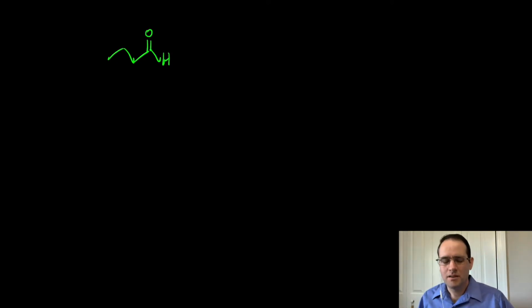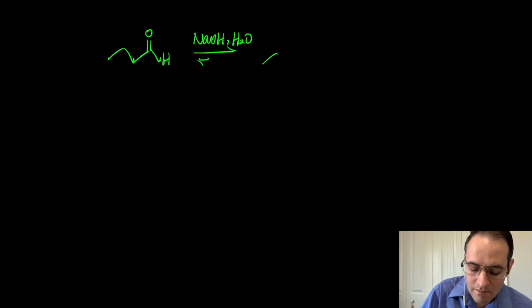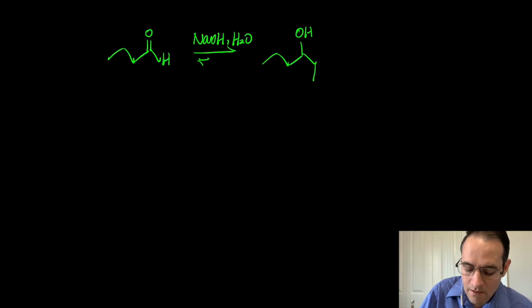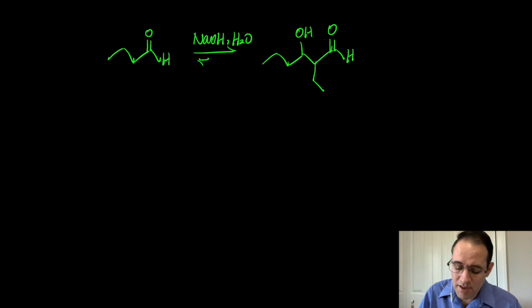Let's look at a couple of other chemical reactions. Again, keep in mind that these reactions are in equilibrium. So let's look at the reaction between butanal and sodium hydroxide and water. I will highlight where the 4 carbons are coming from.